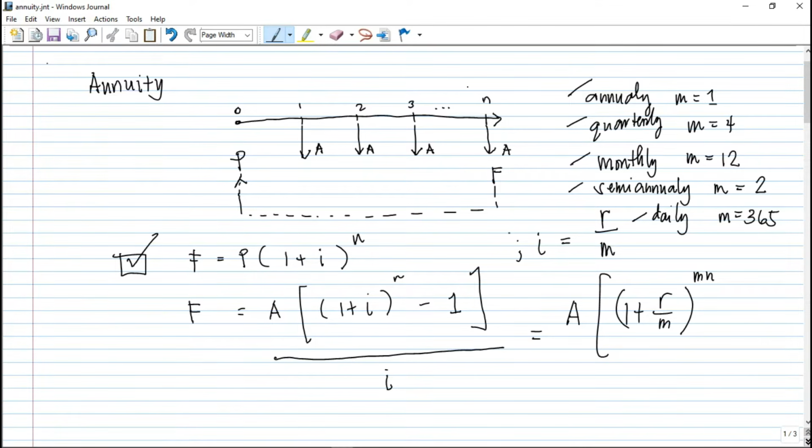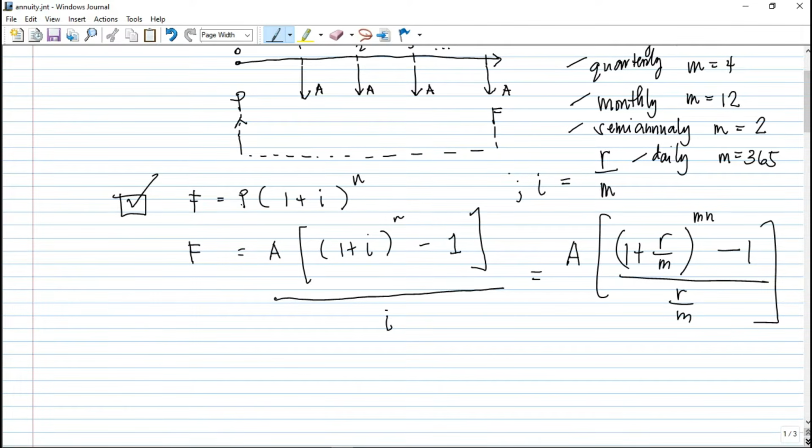Yung n natin is the time, okay. But if you're dealing with compounding period, magmumultiply tayo ng m doon sa ating n. Kasi that's the number of times wherein mag-i-interest siya, okay. Okay, minus 1 here and all over i, that is r over m. There. Then you can also express yung ating present cost, okay, in terms of annuity.